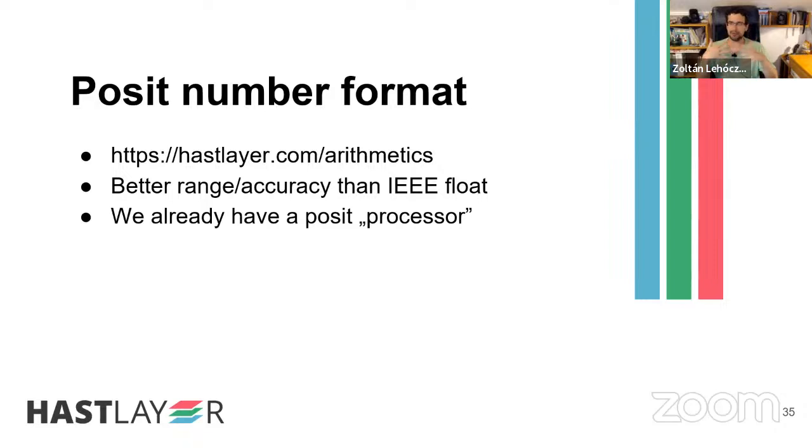And one interesting thing is that, again, you are kind of creating a processor for your application with FPGAs and with Hastlayer. And it also means that you can create your own number formats, and you will get hardware support for it immediately. This is what we actually did with a number format called POSIT, because you might not think of number formats because there's int and all the other integer formats in .NET.